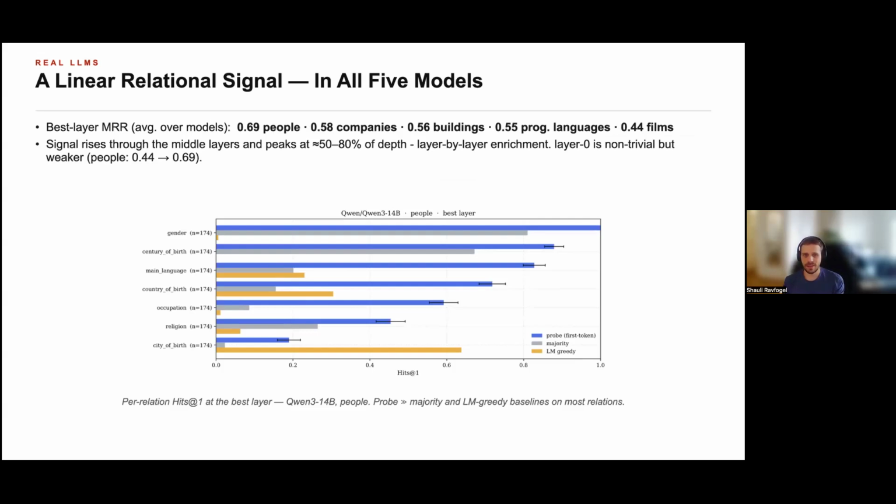So this doesn't directly correspond to our construction, which focused on memorization that only happens in the embedding layer, but still it shows that there is this linear signal that is coming either from the embedding matrix or from at least the early contextualized layers.